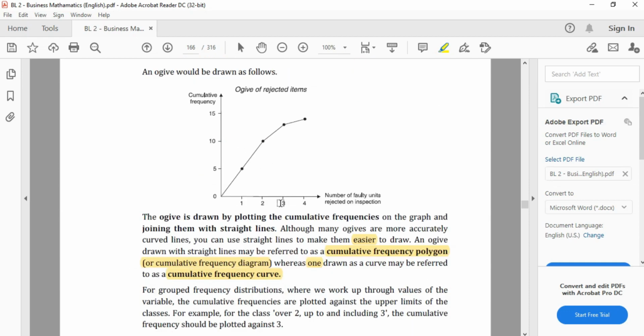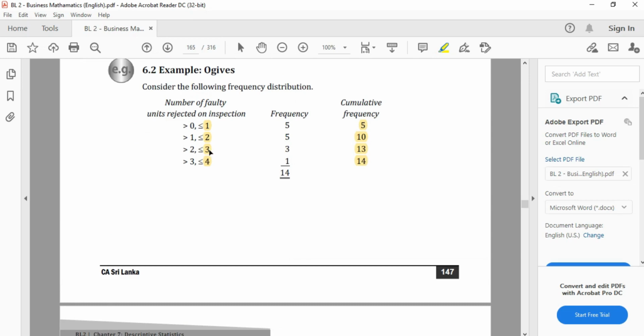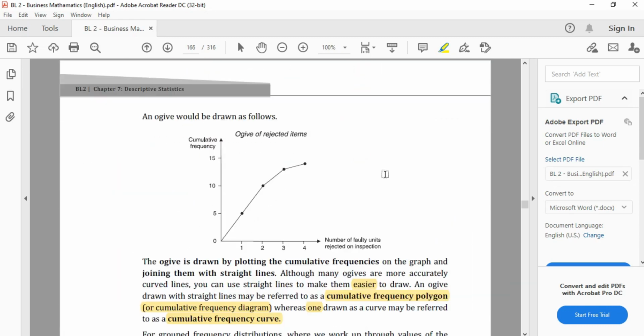Therefore, they selected 3 from this horizontal axis, and straight to that they selected point 13. They did not select 2 here, because 2 is the upper limit for cumulative frequency 10. So they marked 10 for 2 in the graph.